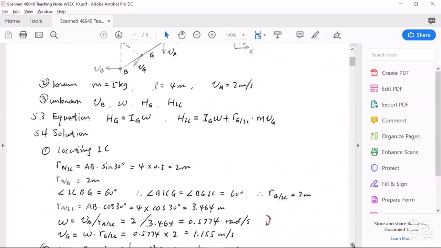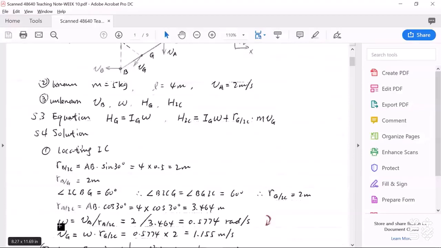Okay, so firstly, we can work out omega. And we know the distance from IC to point B, from B to point G. And then using trigonometry, we can work out the distance from point A to IC.